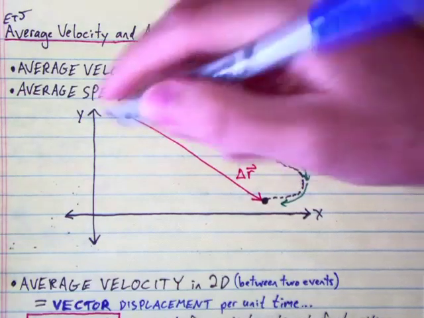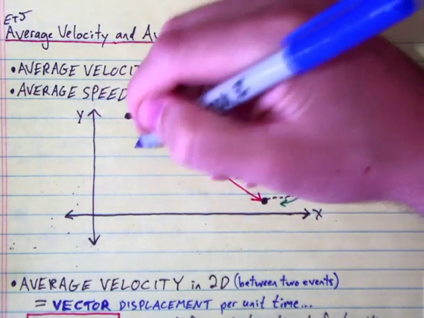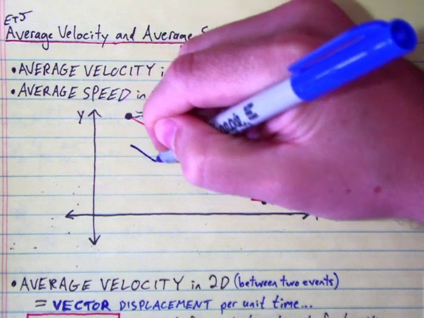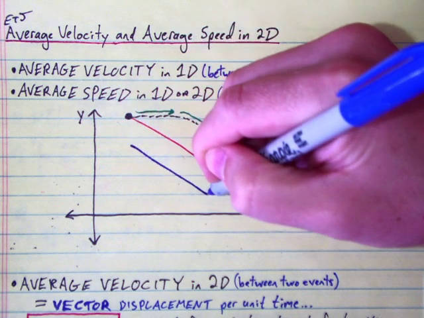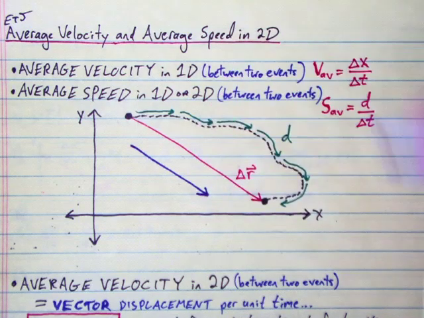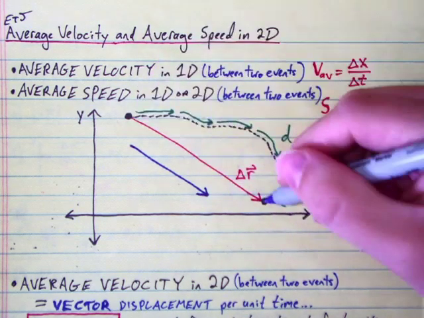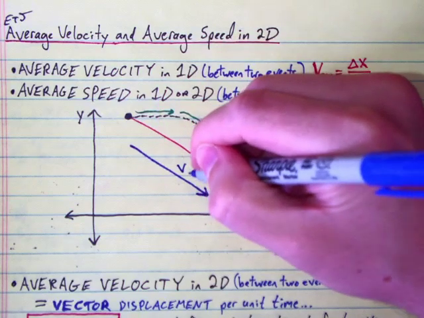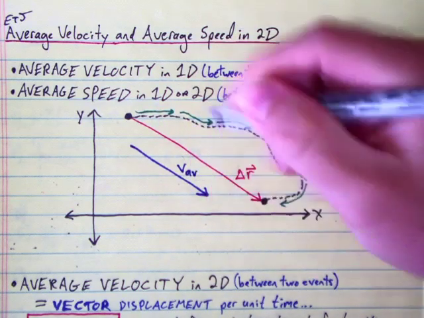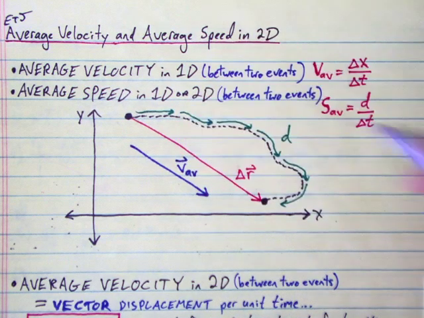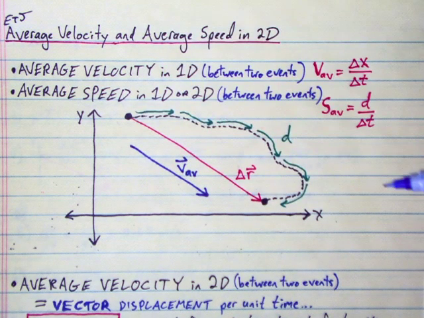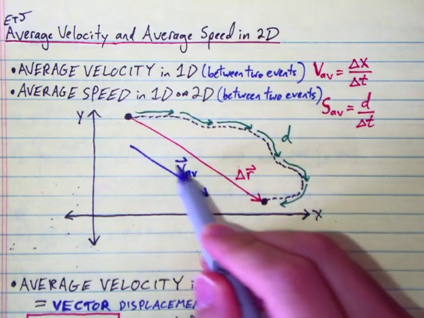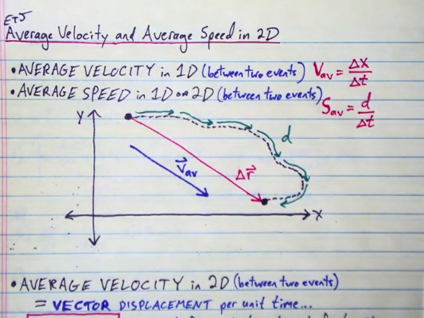Our average velocity is the velocity we would have if we had moved along that straight line path from point A to point B. So our average velocity will be a vector parallel to our displacement. Average velocity, and then the harpoon symbol to show that it's a vector.